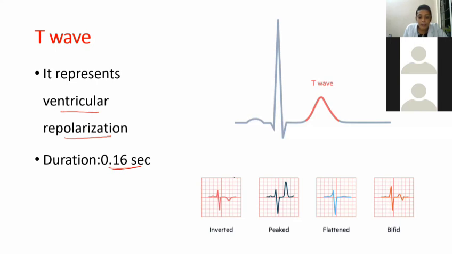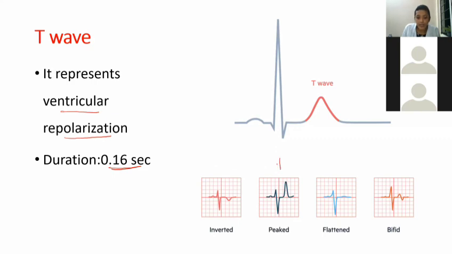Here you can see different abnormalities of the T wave. This is the inverted T wave, which you can also observe during coronary ischemia. Next are the tall T waves or peaked T waves.